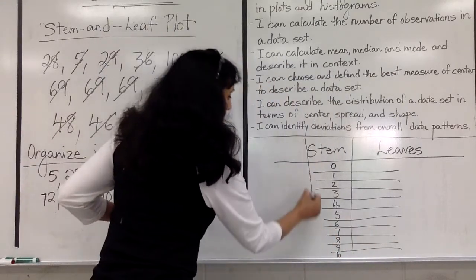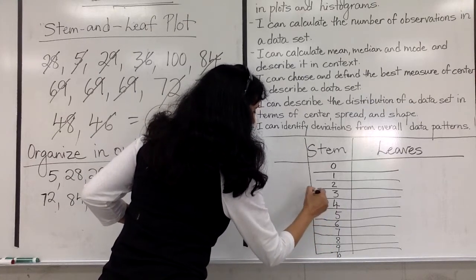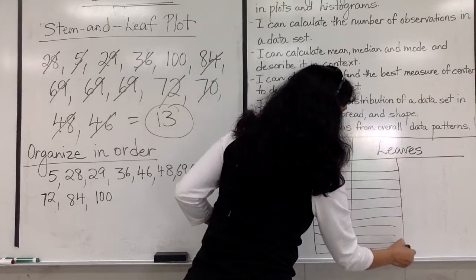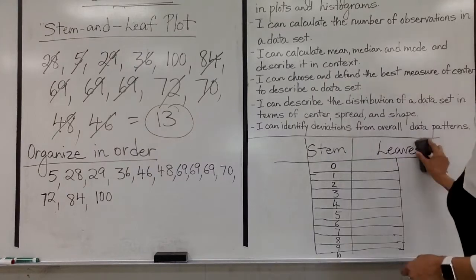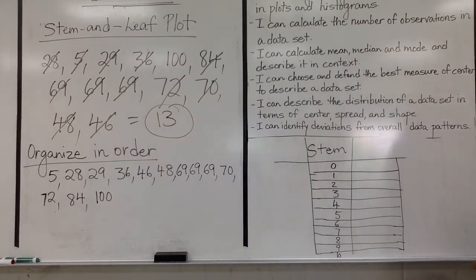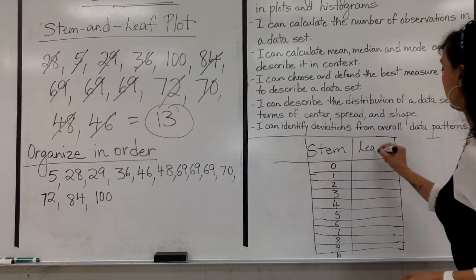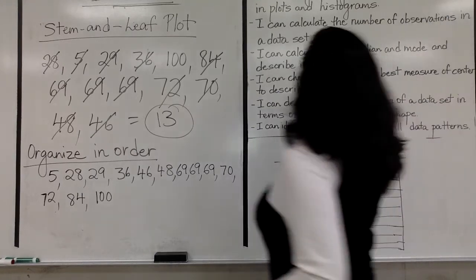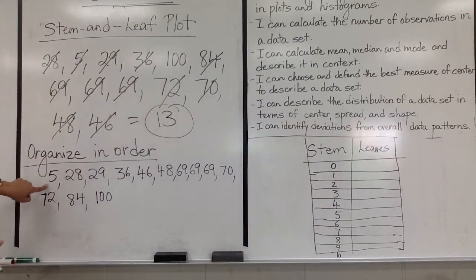Now let's make this into my table. I should have written leaves a little closer, but that is fine. Let me organize it a little better so that you can see what I'm talking about. So I have my stem, I have my leaves. You organize something like this, and then you look at the numbers.